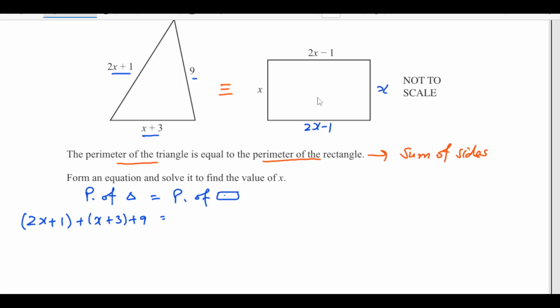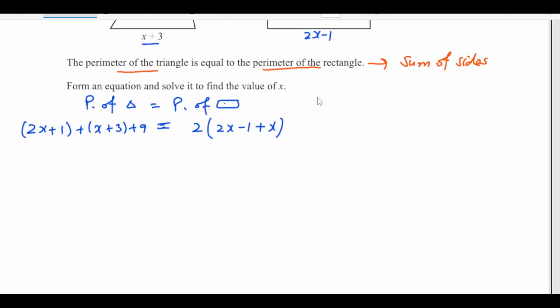So, the perimeter of the rectangle is 2 times l plus w, where l is 2x minus 1 and w is x, right. Now, we are just going to simplify this.